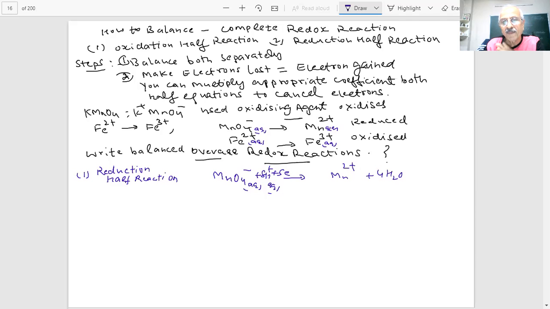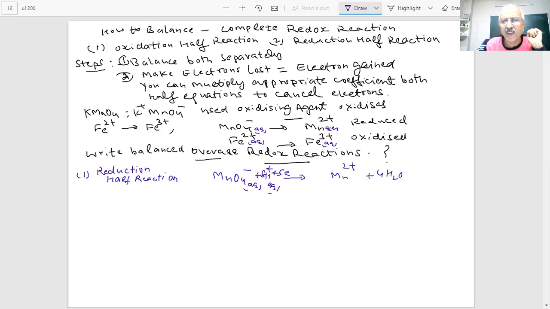How many electrons to be added to balance the charges? On the left side there is minus 1 charge and on the right side there is plus 2 charge. Then there is a plus 8 also. Where is the plus 8? 8H plus. What is 8H plus?